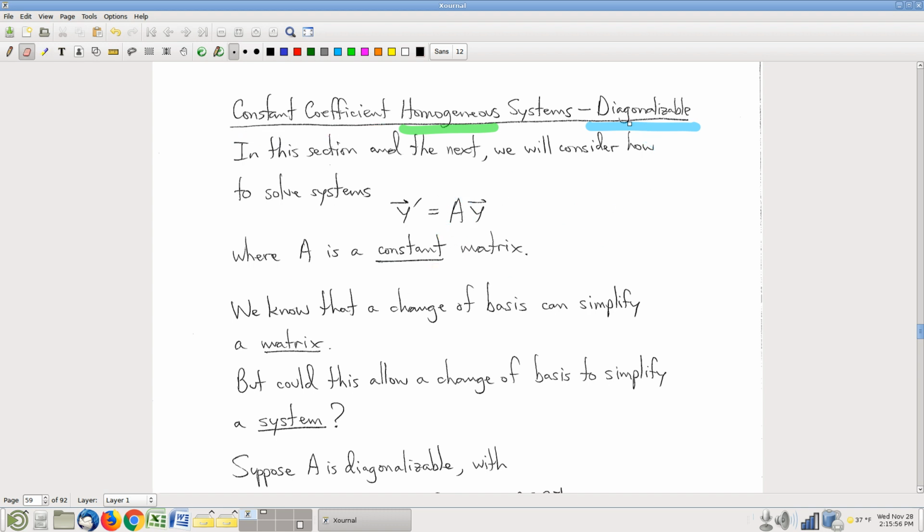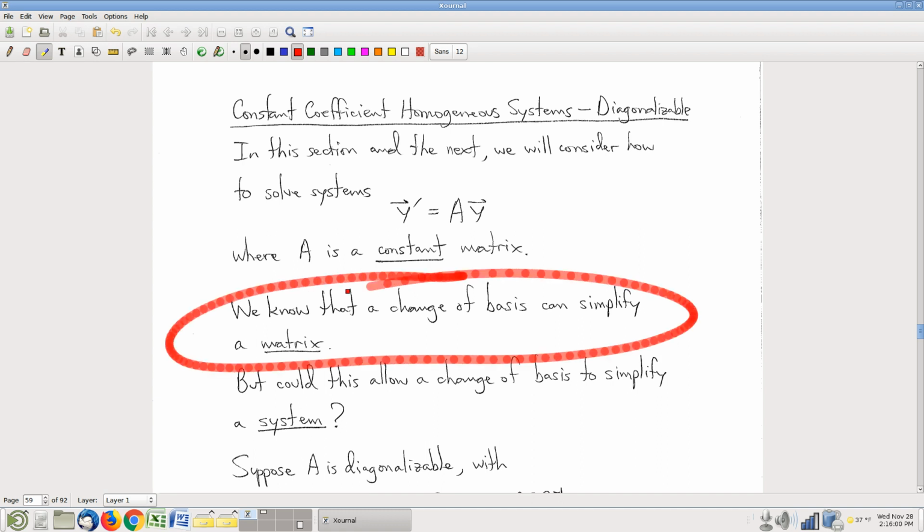Now, what does diagonalizability buy us? We know that if you have a diagonalizable matrix, a change of basis can turn it into a literally diagonal matrix. And diagonal matrices are really great, right? They're very simple. You can do a lot of convenient things with them.